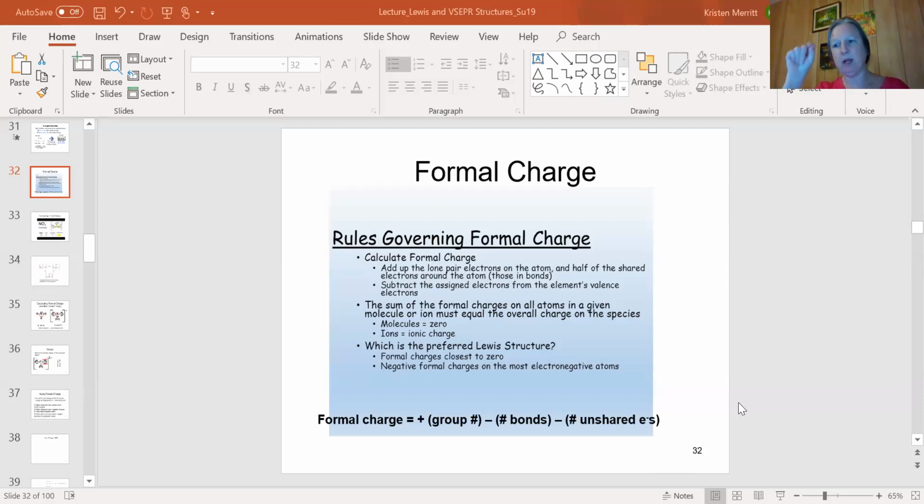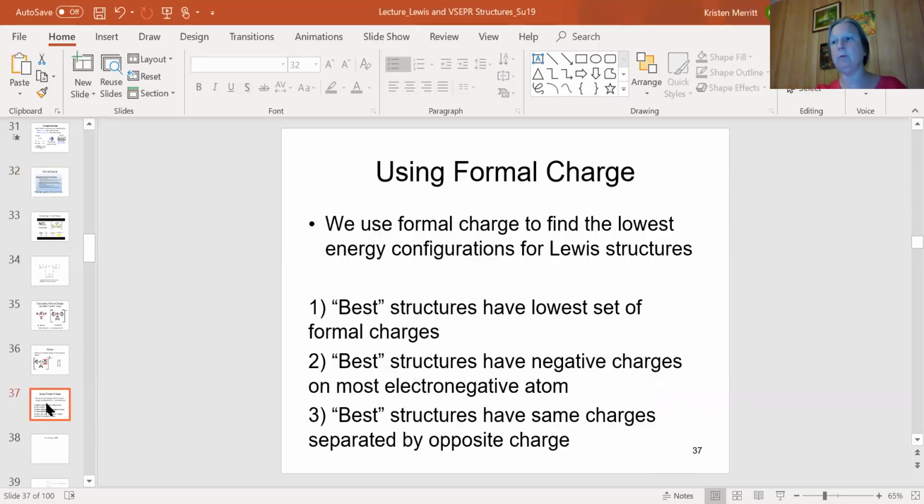If it's unshared pairs, you count them individually. If it's a bond, each bond counts as 1. Subtract them. Valence minus actual, that number is your formal charge. Write it down. When you're done, make sure you haven't broken any rules. Again, we didn't break the octet rule for phosphorus because that's an exception. We're allowed to do that.